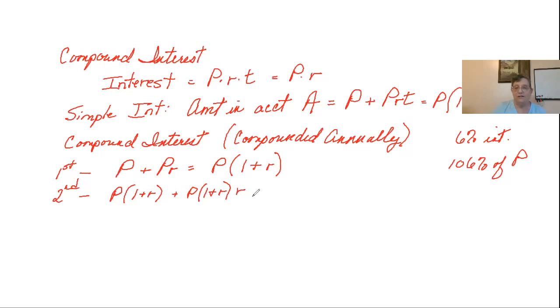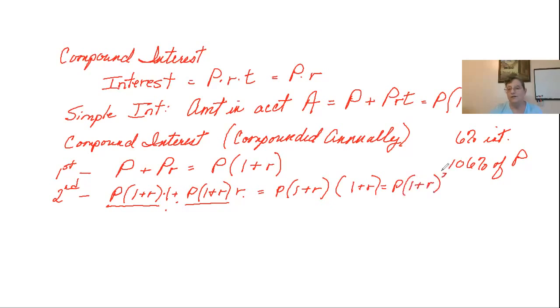This is your interest rate. So your interest is your principal times your rate. But notice that this and this match exactly. This is basically times 1. So I could factor out the P times the 1 plus R. And if I take that out, it's going to leave 1 plus R again. So at the end of the second year, you've got P times 1 plus R squared in the account.